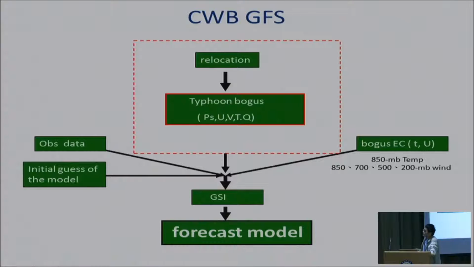The second is, when a typhoon is present, we do typhoon bogus. The third data we use is EC data, some of the layers. These three kinds of data plus the initial condition go into the GSI and then run the forecast model.